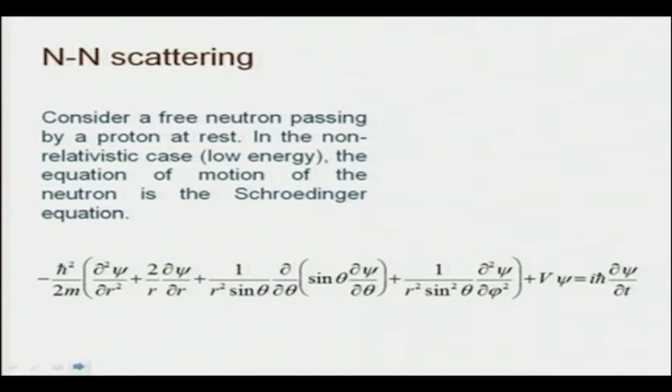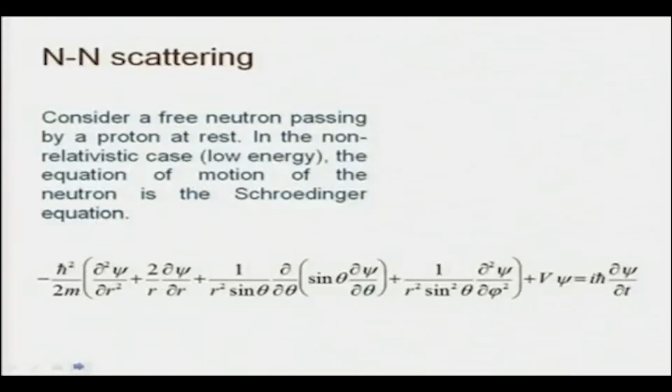So, for low energy systems, if we are having a small kinetic energy compared to the mass, for example, up to a few MeV kinetic energies, because the mass of the neutron is about 1000 MeV, a few MeV can be considered as a non-relativistic region. So, in such cases, what will dictate the scattering process is the Schrodinger equation basically.